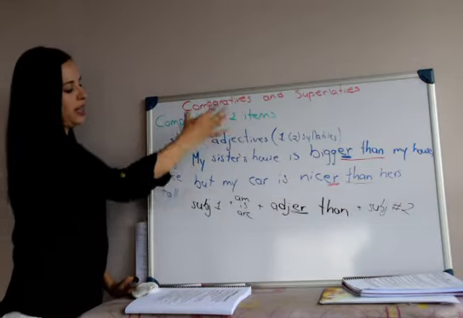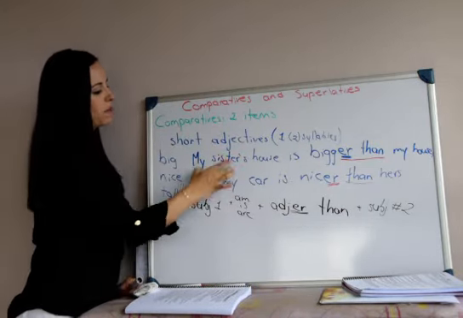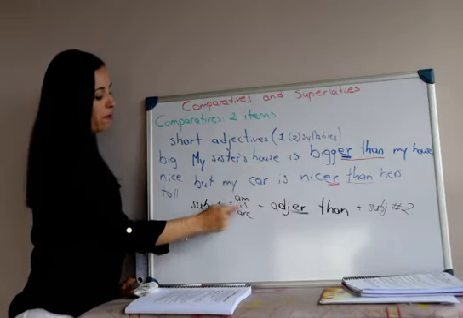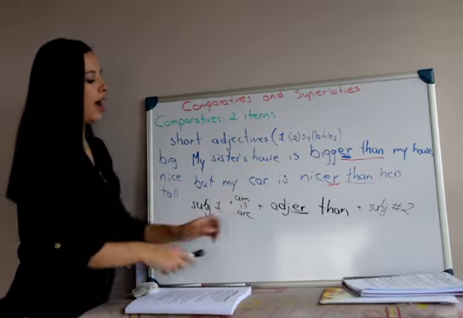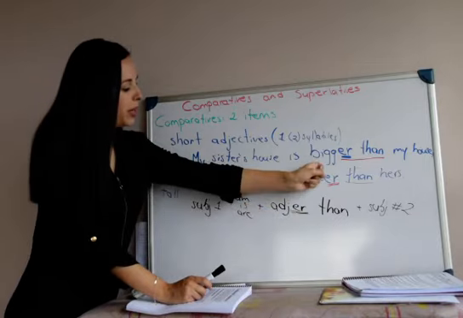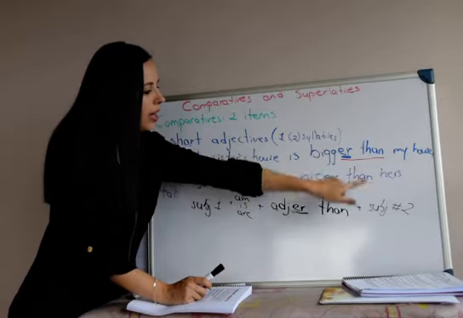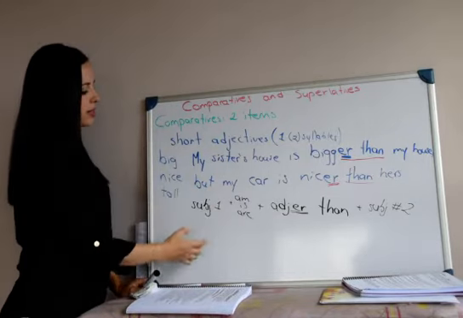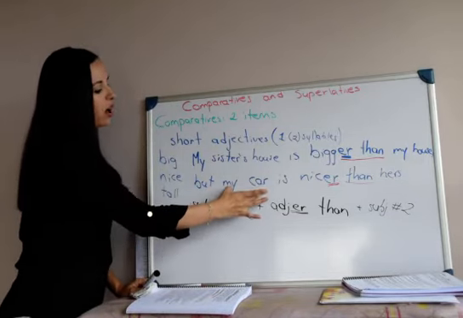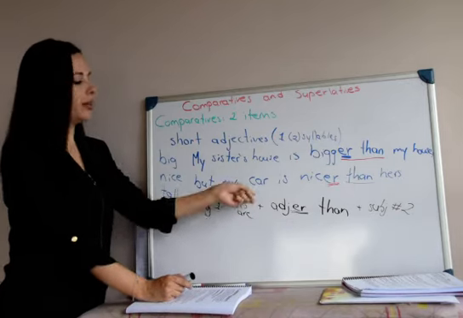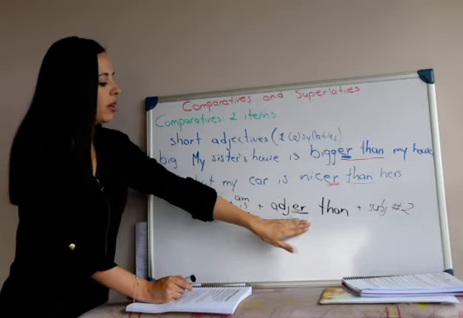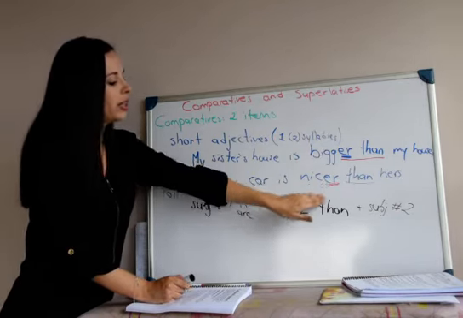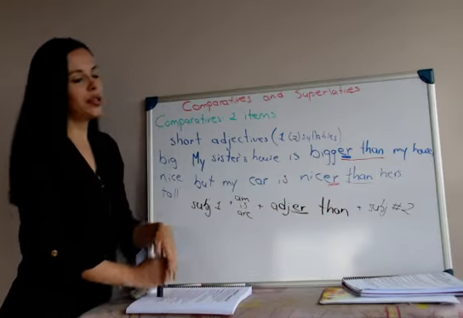So let's check these sentences. Subject 1, my sister's house. Verb to be for that subject is, adjective plus er, bigger, than. Then subject number 2, my house. Right? Second sentence, subject number 1, my car. Verb to be for my car is, adjective with er, nicer than, subject number 2, hers.